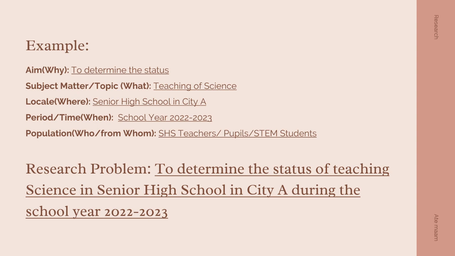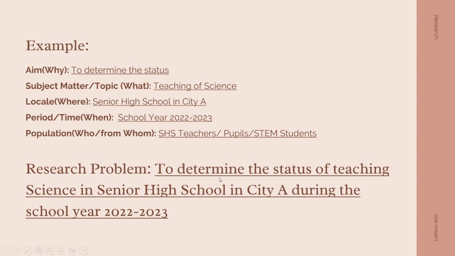You want to determine the status of teaching science. Maybe there's a problem in this specific senior high school in science, such as students getting low grades. As you can notice, we combine everything into one sentence that makes sense.